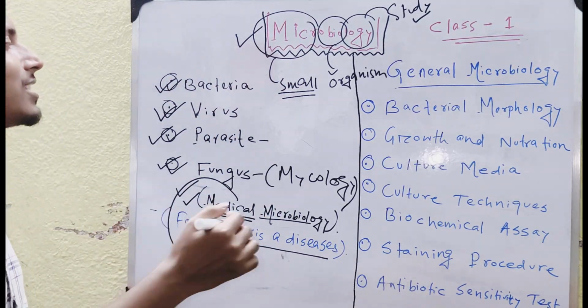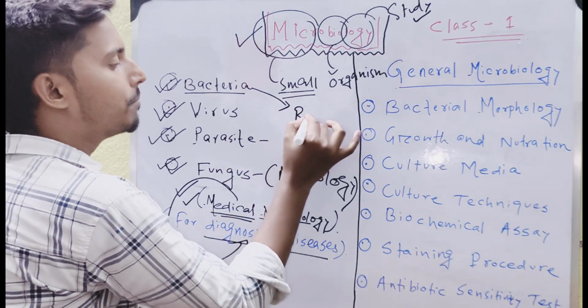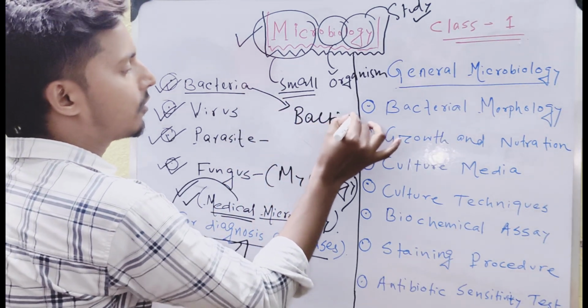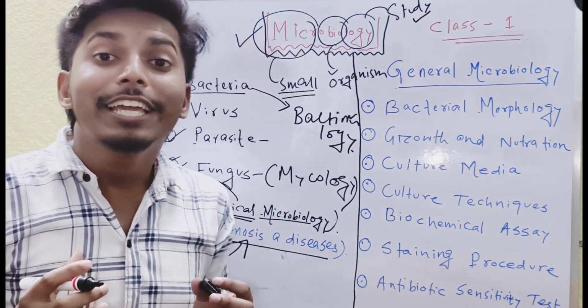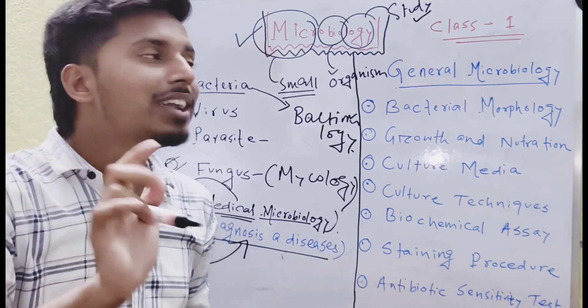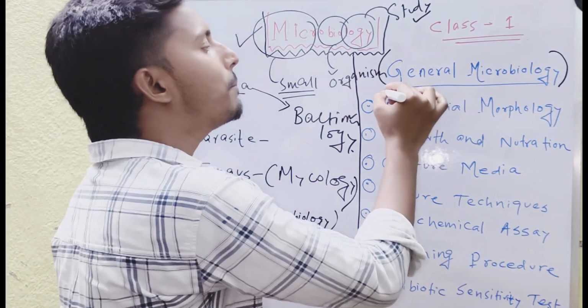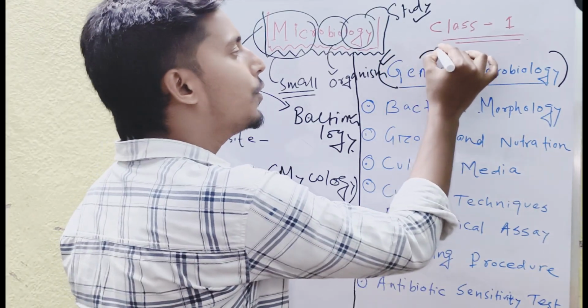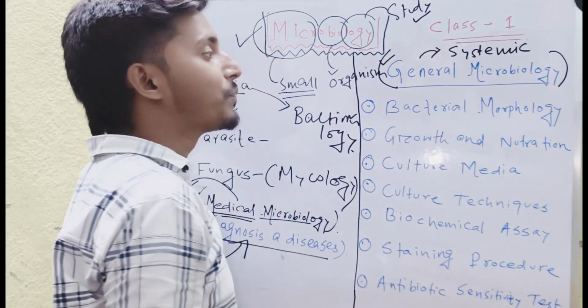Firstly, we will start with bacteriology. There are 2 types of microbiology. One is general microbiology, which we need to understand, and after completing general microbiology, we will go to systemic microbiology.